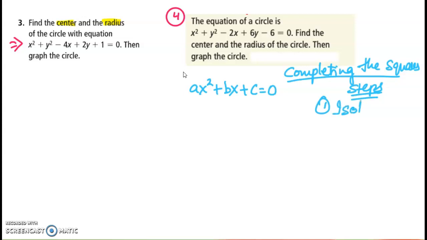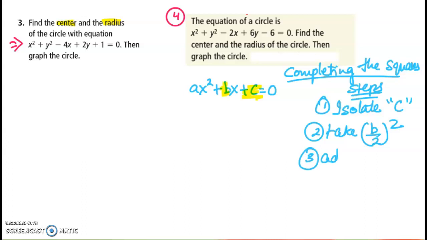First, isolate c. What is c here? This constant. Second step, take half of b and square it. What is b in this case? The coefficient of x is b. Third step, add it to both sides.